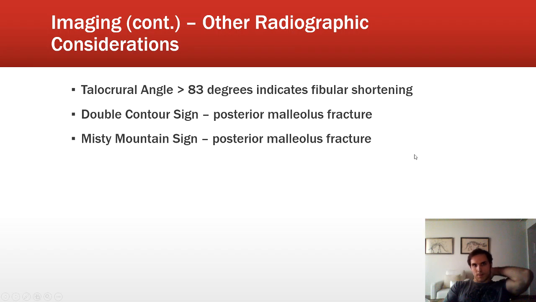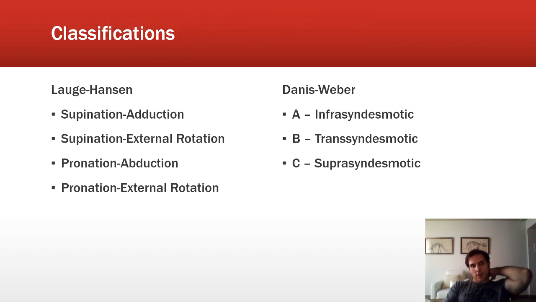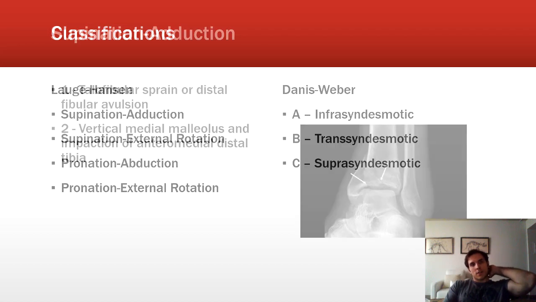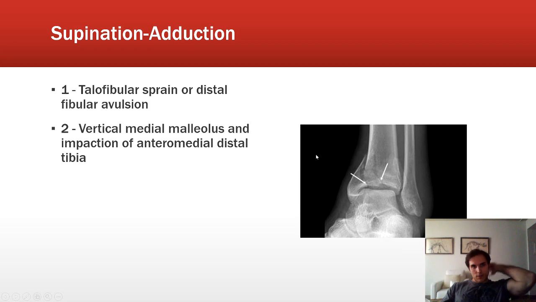All right. So let's look a little bit more at the subtypes of it, the types of Lauge-Hansen injuries. So in supination adduction injuries, the progression of injury starts with first a talofibular sprain or distal fibular avulsion.